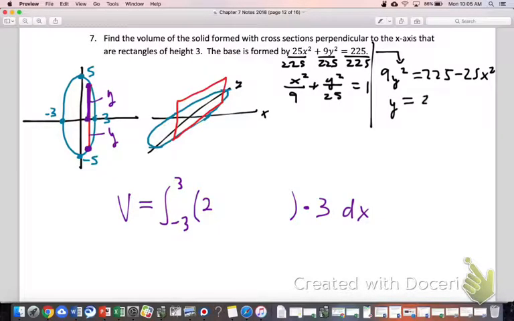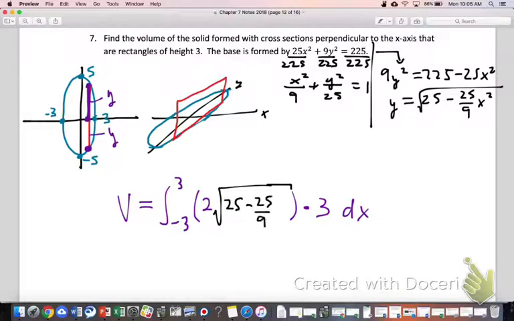I guess that'd be 25 minus 25 ninths x squared, square rooted. So I think I could just import that in and say 2 times the square root of 25 minus 25 ninths x squared. Okay, so then you use, hopefully, Math 9 and be on your way. Did anybody use symmetry?